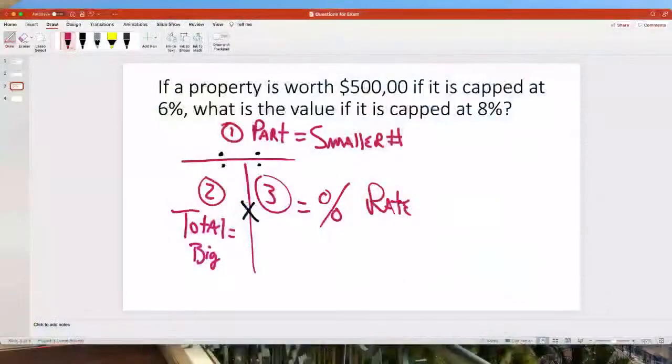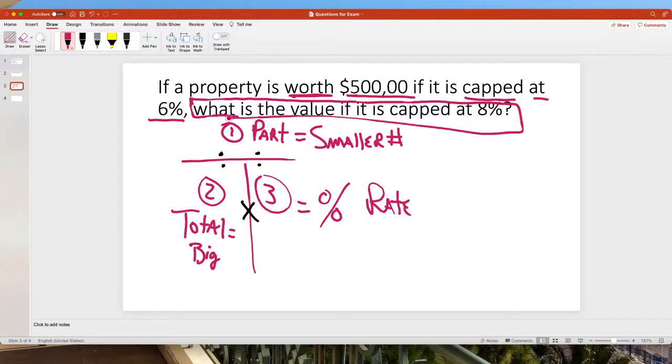So let's go back over there, and we are looking at a property that is worth, now that's what it's worth, $500,000, if it is capped at 6%. And this is what they want us to answer: what is the value if it's capped at 8%? Now again, remember what I said from the beginning.